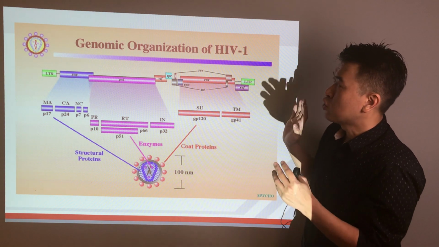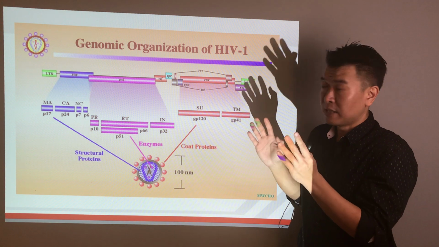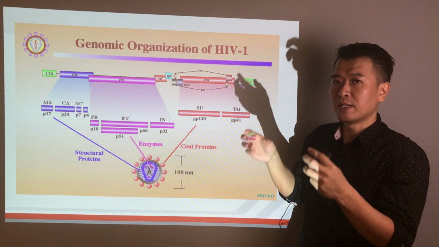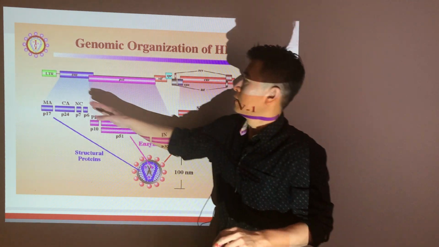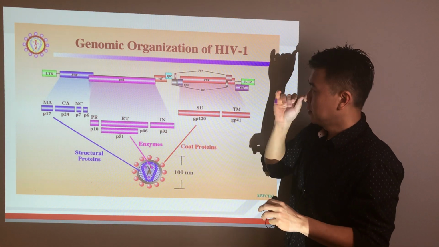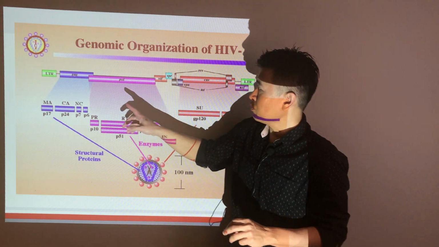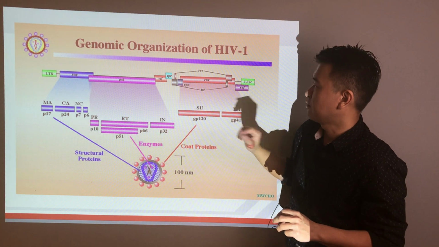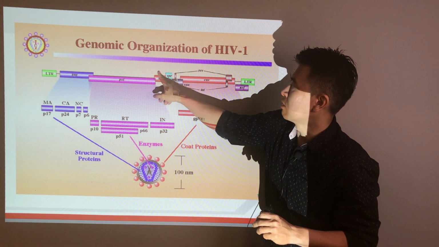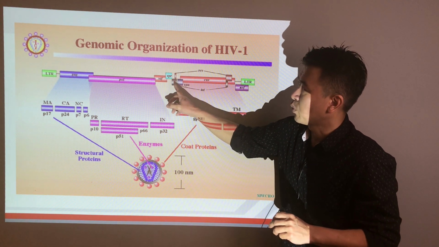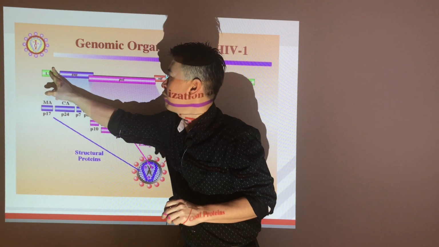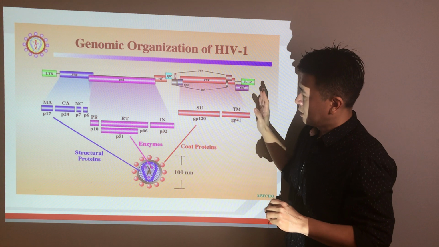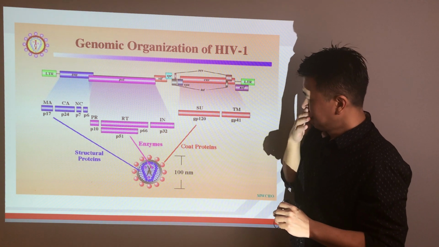All right, so the genome of the virus is mRNA, and when it is reverse transcribed into double-stranded DNA, this is the arrangement of it. All right, so genes that code for specific proteins, and we also have accessory genes that code for different proteins. Then at the front and the back, we have a long terminal repeat. We'll look at this later on more specifically.